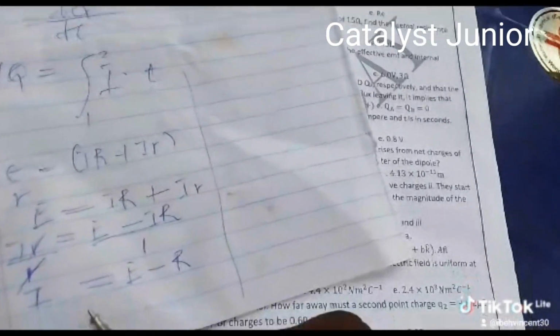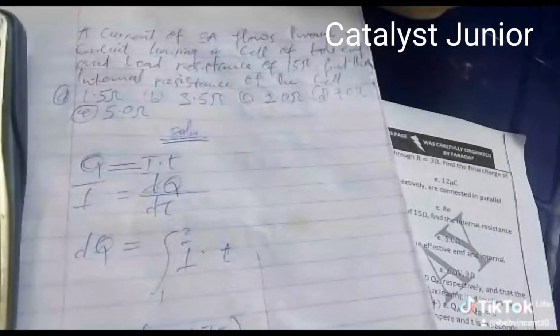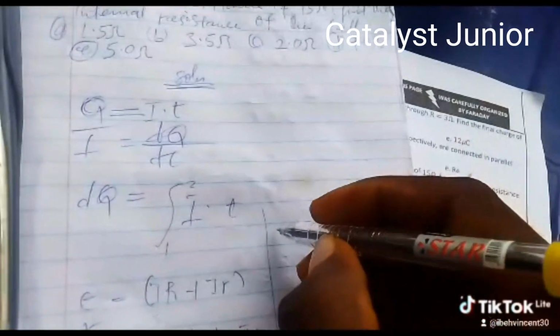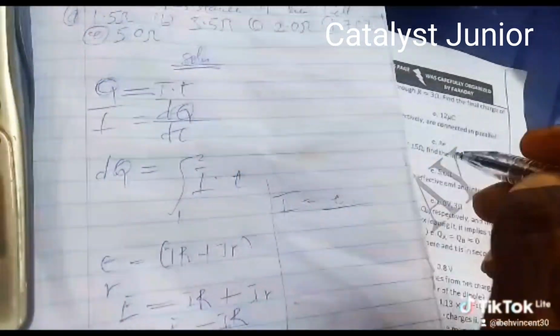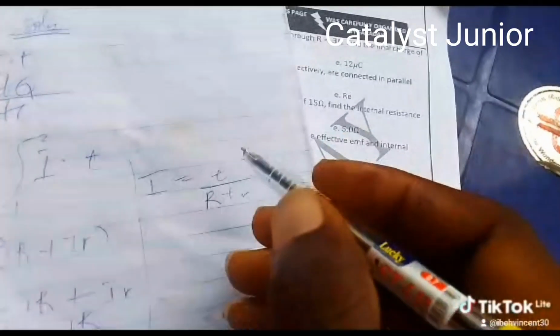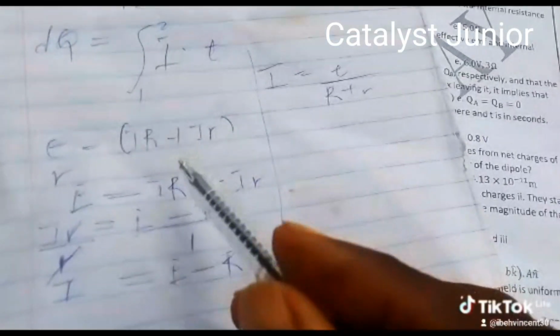But remember what they asked us to calculate: the internal resistor. This formula can also be given as current is equal to EMF all over external resistor plus internal resistor.